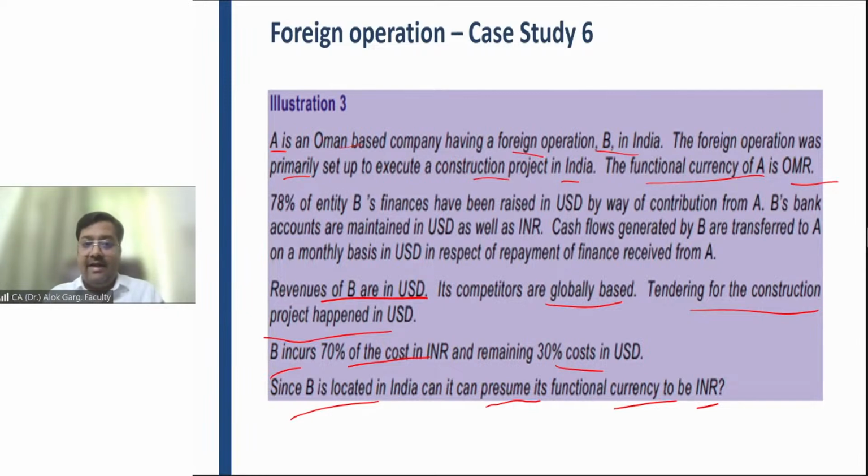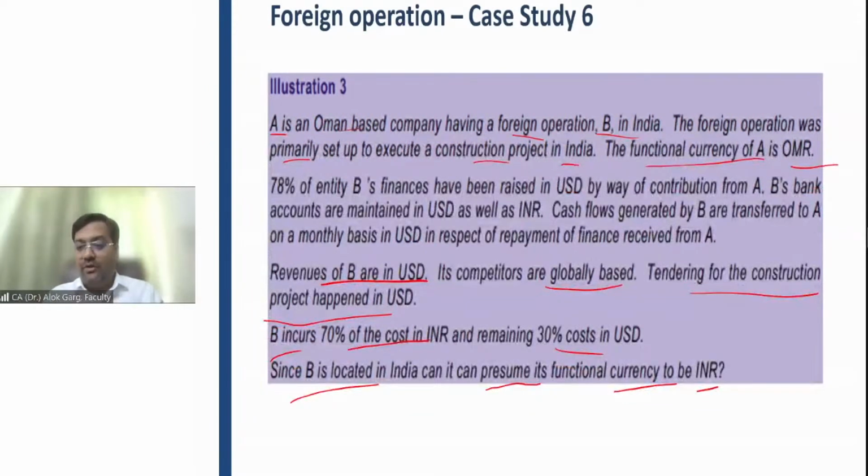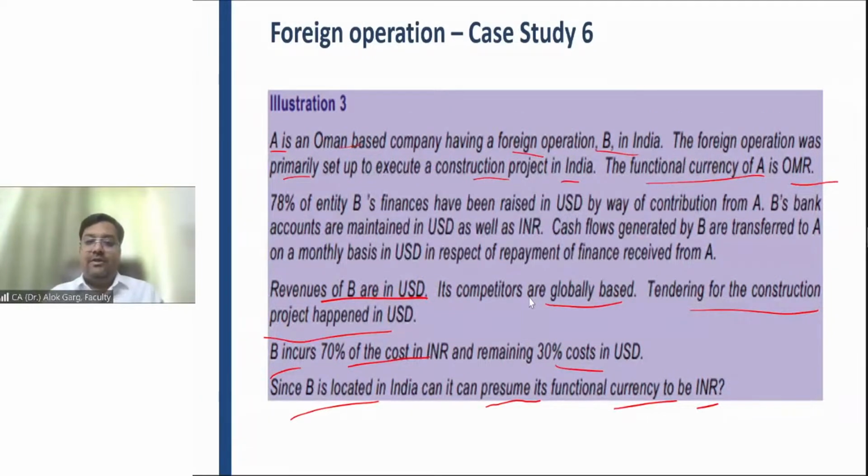It is written that revenue of B is in US dollar. So the first primary indicator, revenue, is in US dollar. Second, the cost. Its significant portion of the cost is in INR: 70% cost in INR, 30% cost in US dollars.